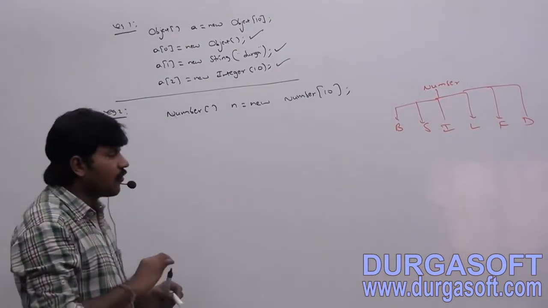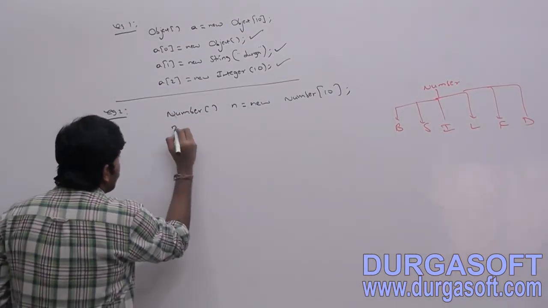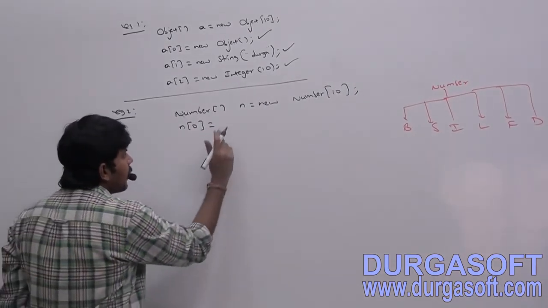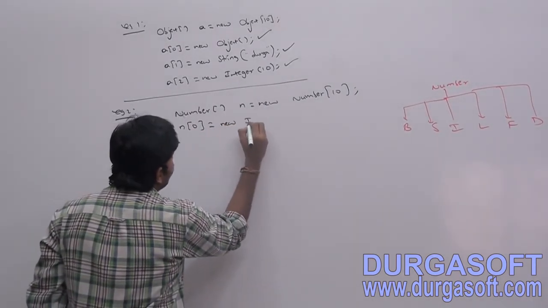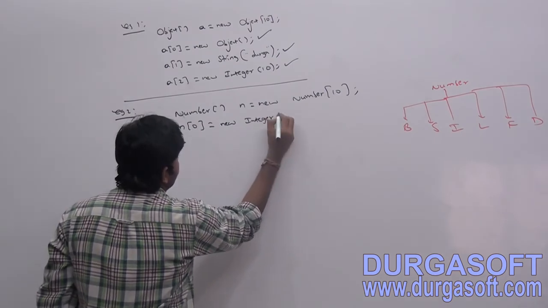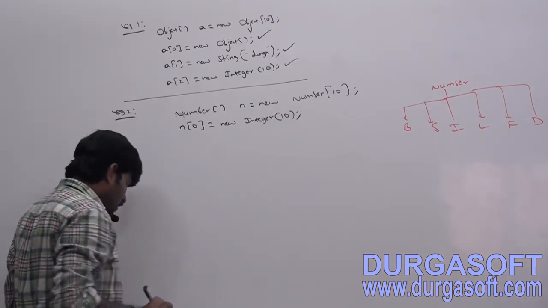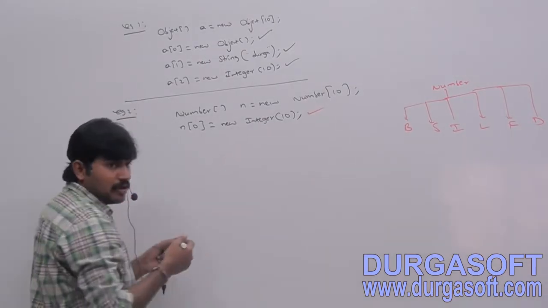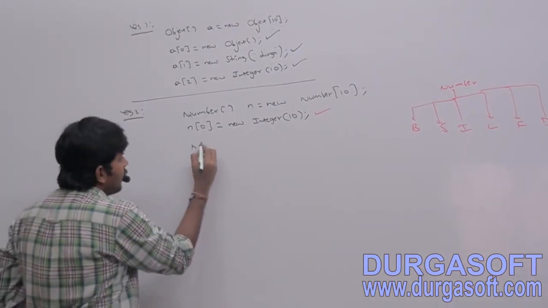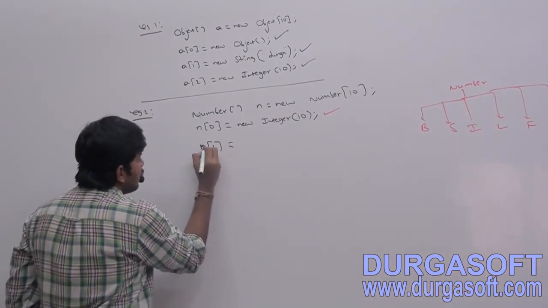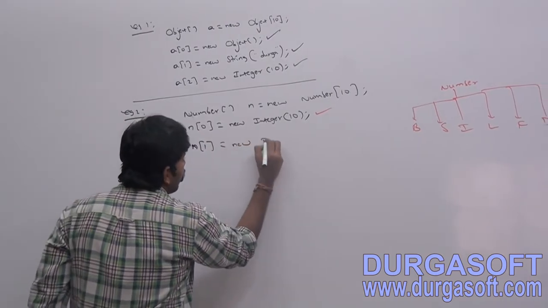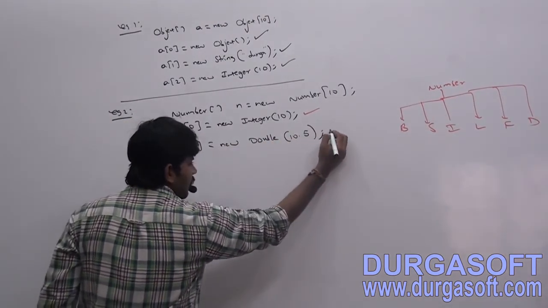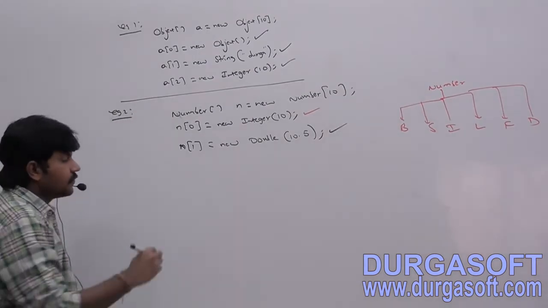Byte, short, integer, long, float, double. Okay, n of 0 is equal to new Integer of 10. Is it valid or invalid? It is valid because it is a child of Number. N of 1 is equal to new Double of 10.5. Valid, because a Double object is valid.